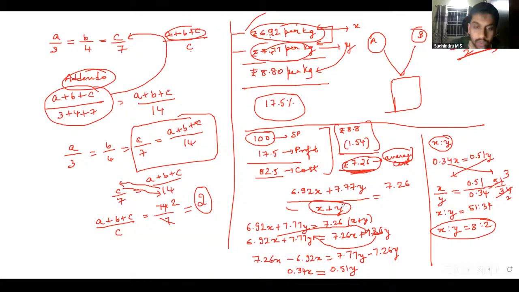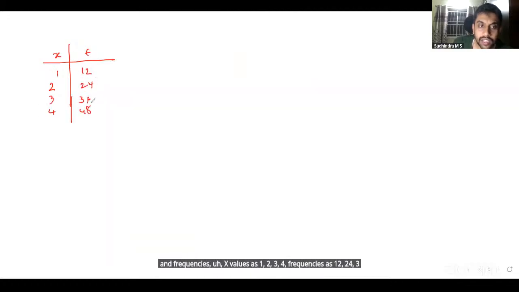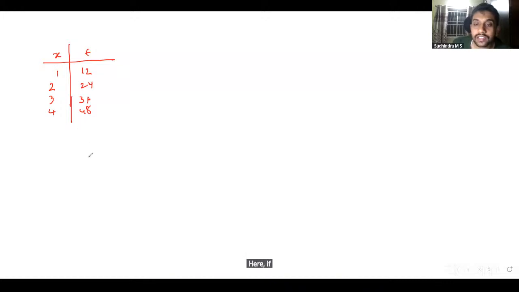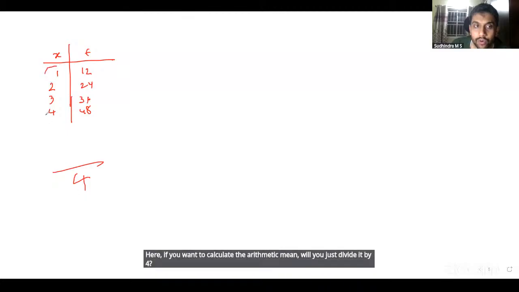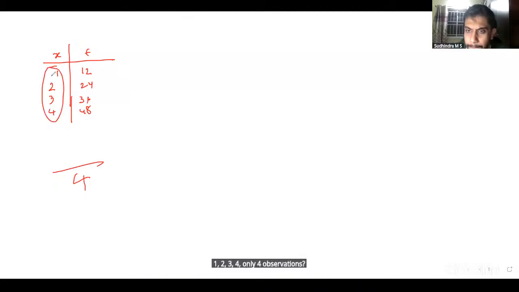See, if we have, let's say, x values as 1, 2, 3, 4 and frequencies as 12, 24, 36, and 48. Here, if you want to calculate the arithmetic mean, will you just divide by 4, with only 4 observations? No, Kushal. We calculate n as the total of the frequencies.